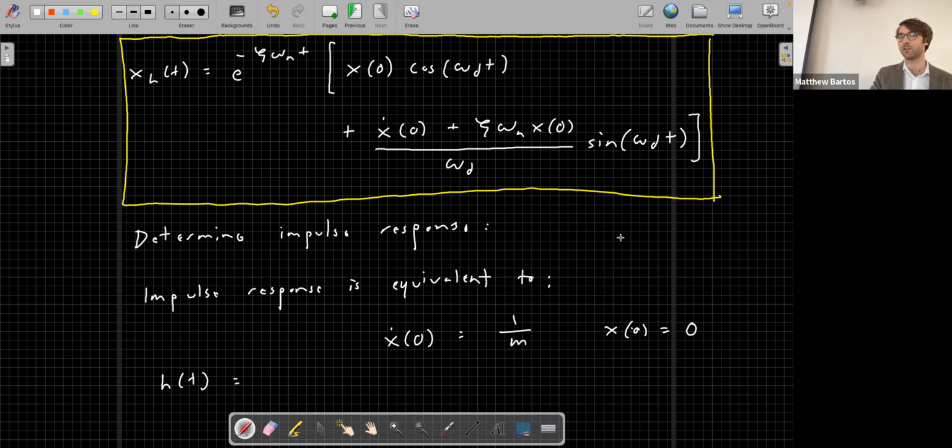If we plug those into this homogeneous response, we end up with e to the negative zeta times the natural frequency times time, times, if we plug in x0 equal to 0 and x dot equal to 1/m, an impulse response of 1/(m omega_d) times sine of omega_d t.